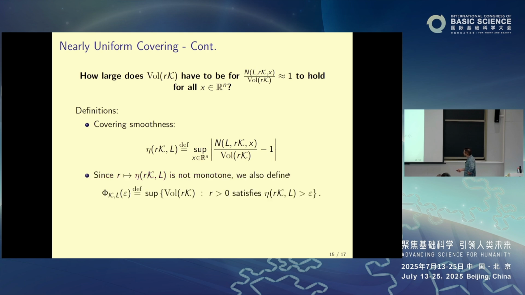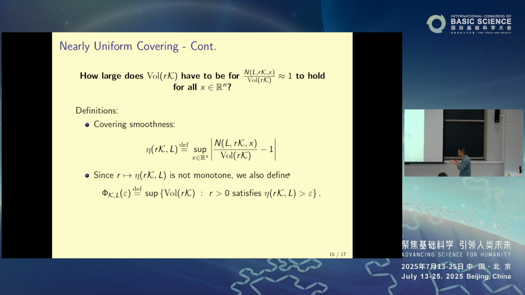And one subtlety is that if you recall the video I showed you before, the trend is that as we increase R, as we inflate more and more, the covering becomes more and more smooth. But this is just a trend, and it turns out that this is not uniform in R. It's not uniform in how much I inflate.